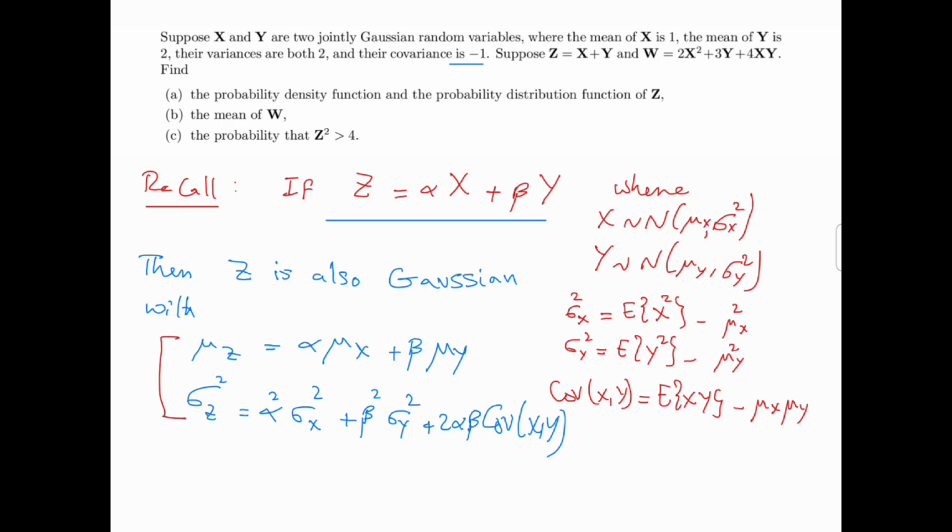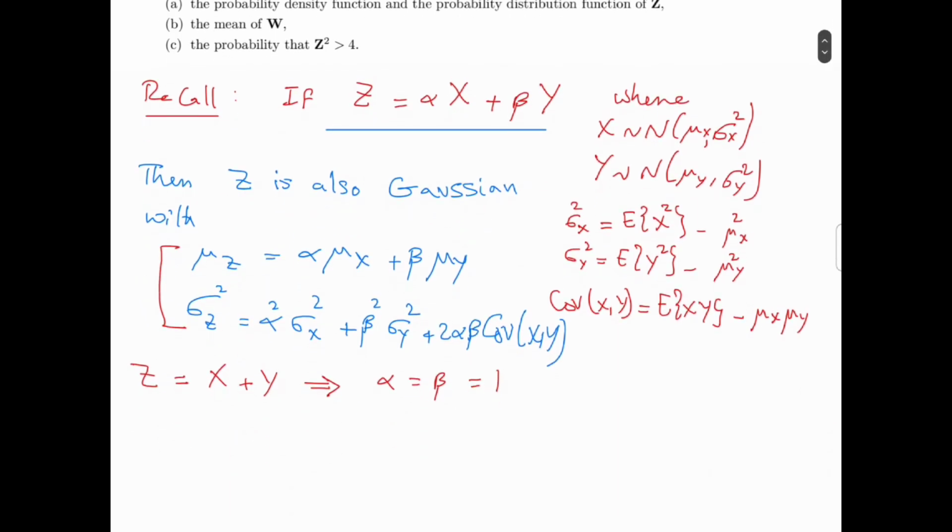So in this question, we have that z is equal to x plus y. So we know that alpha is equal to beta, which is equal to 1.